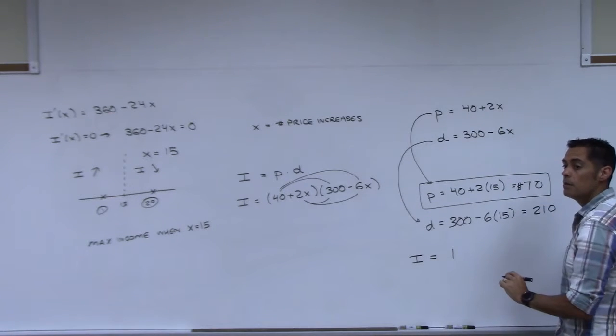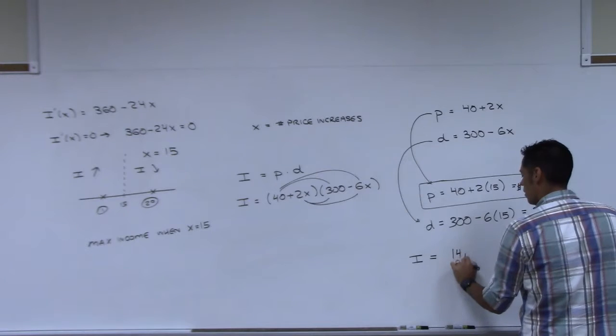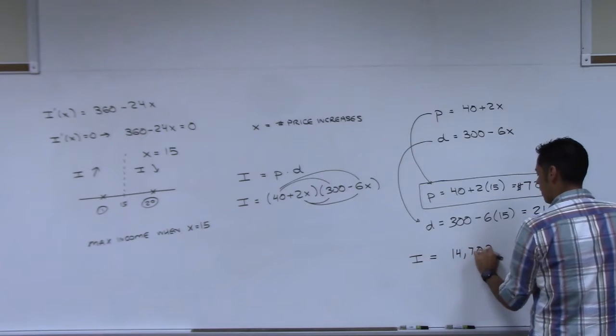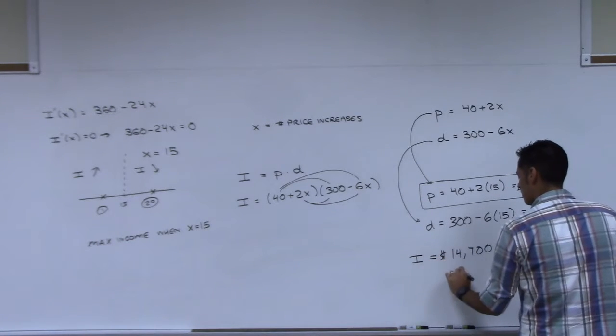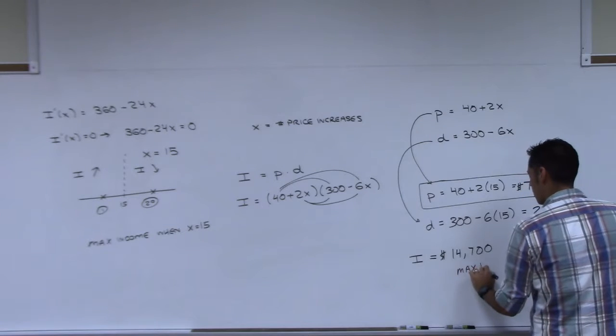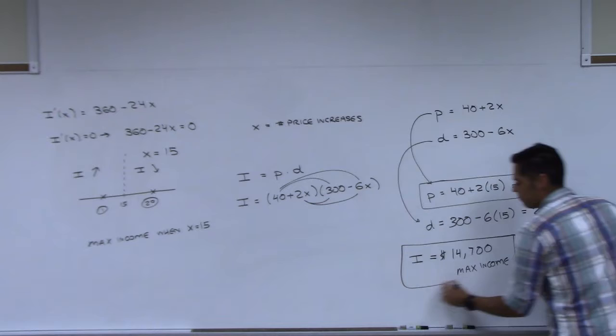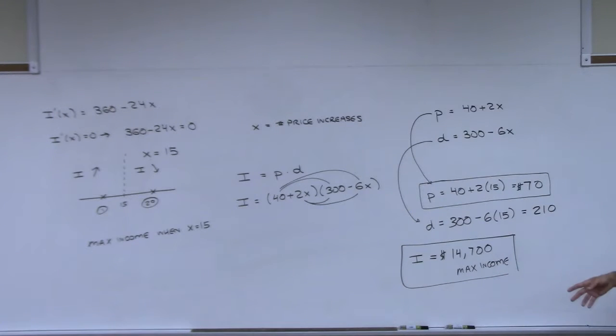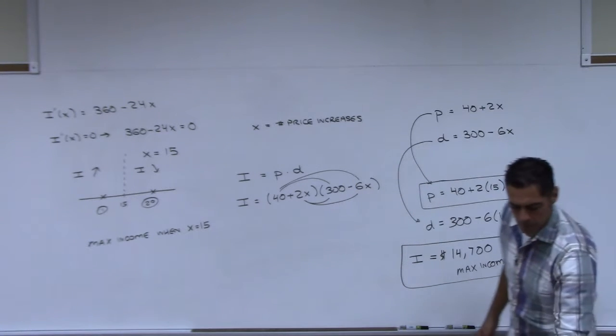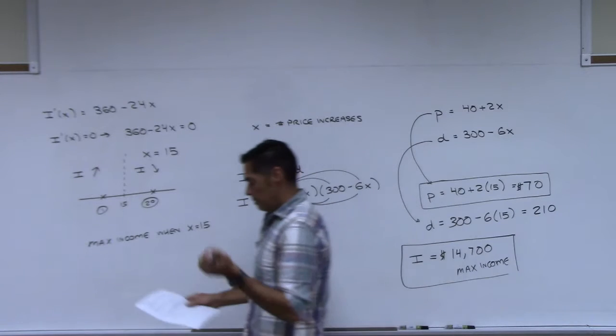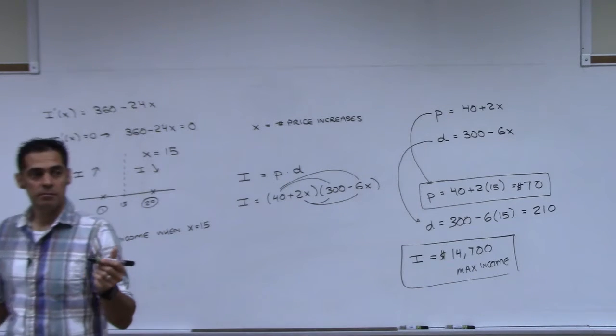Say it again. 14,700 even? This is our max income. So the two boxes here are the two answers. All right. How do you feel about that?